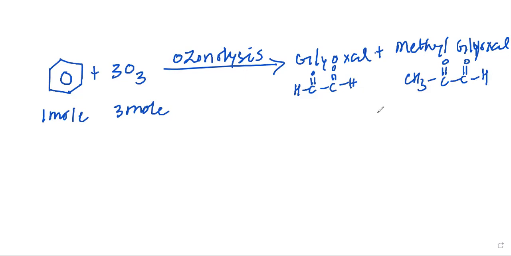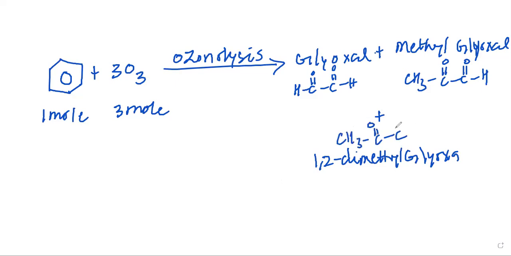And my dear students, apart from that, we will also get 1,2-dimethyl glyoxal, that is CH3, C double bond O, C double bond O, CH3.